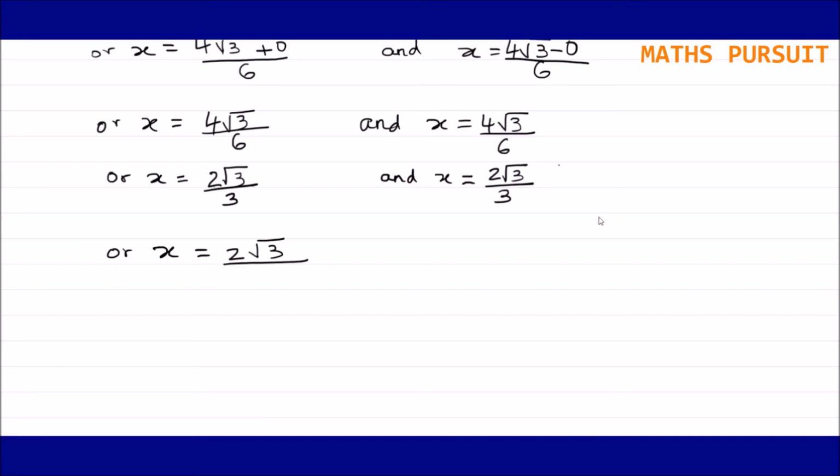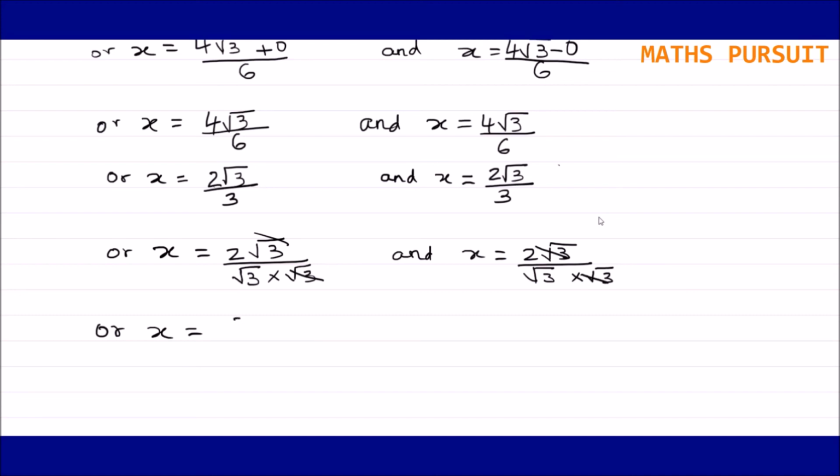x is equal to 2 root 3 upon 3, which is nothing but root 3 into root 3, and here also the same thing, x is equal to 2 root 3 upon root 3 into root 3. Now this root 3 and this root 3 cancel out. Similarly, this root 3 and this root 3 cancel out.